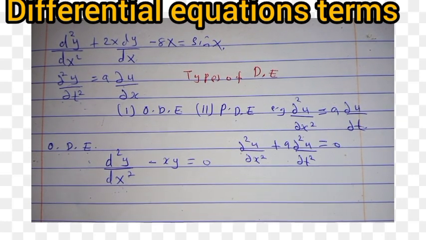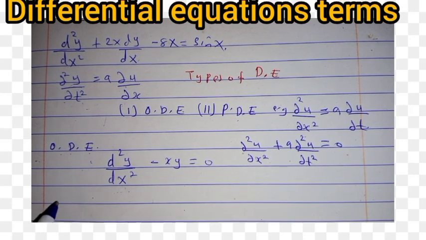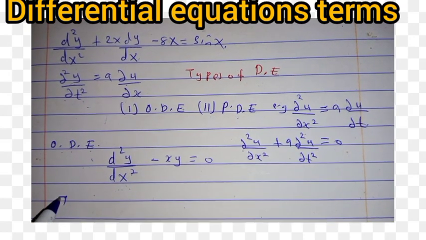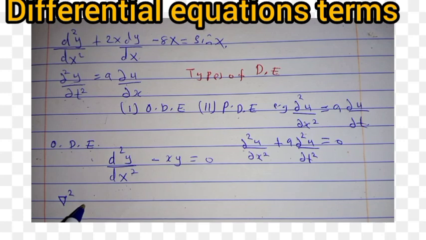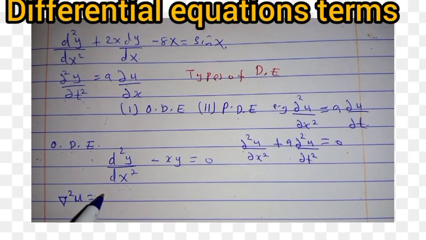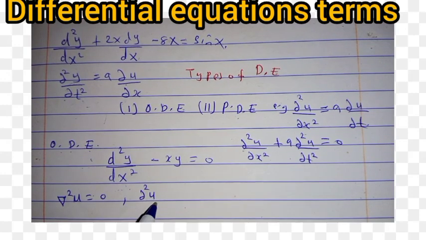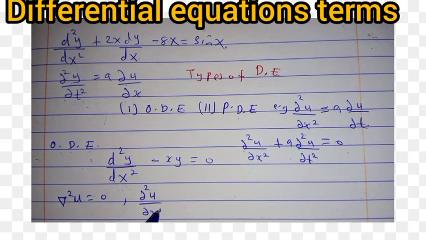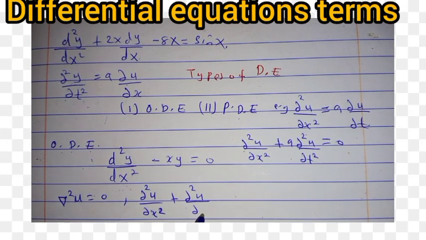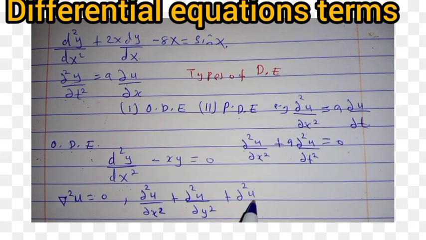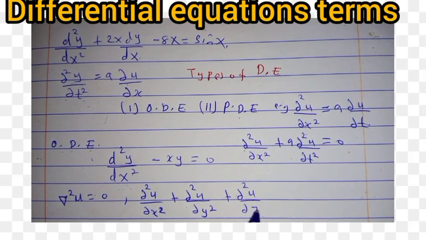Also, the Laplace equation, which is given by this, equal to 0, and which can be written as the second partial derivative of u with respect to x plus the second partial derivative of u with respect to y plus the second partial derivative of u with respect to z.